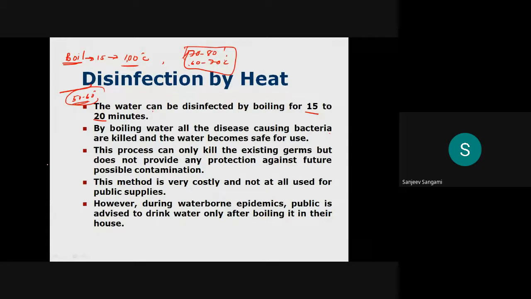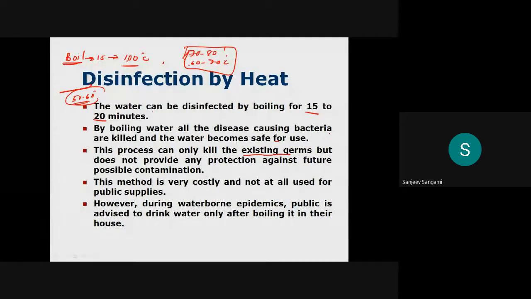Such bacteria or pathogens we can call thermophilic. So it is better to go for the boiling technique if you want to disinfect. That is the main thing we have to remember. By boiling the water, all the disease-causing bacteria are killed and the water becomes safe for use. This process can only kill the existing germs. Remember this.